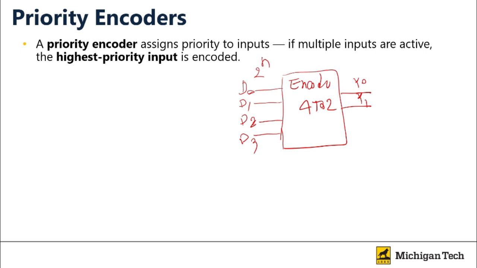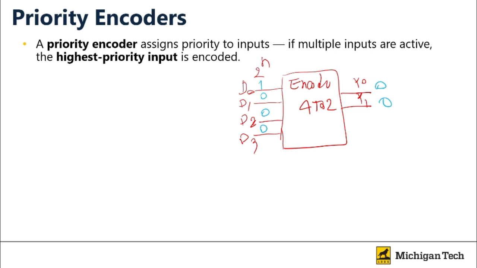So the problem with the encoder was that just one of the inputs needs to be active. Just a unique active input. For example, this can be 1 and the rest 0. So a unique input comes in, and corresponding to that number it's going to encode it. Like for example, in this case, it's going to make 0, 0. Why?